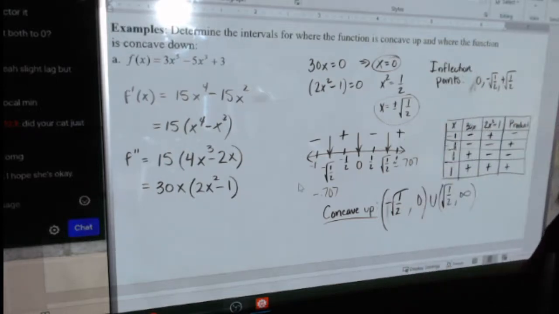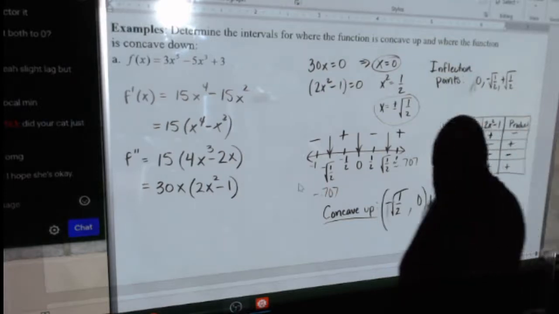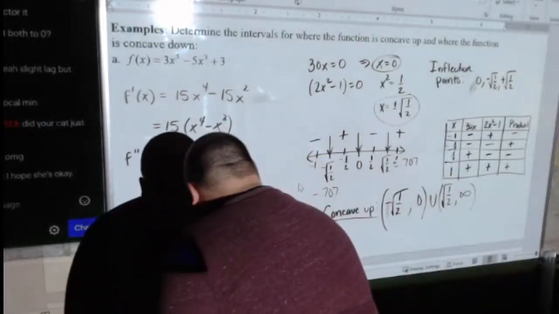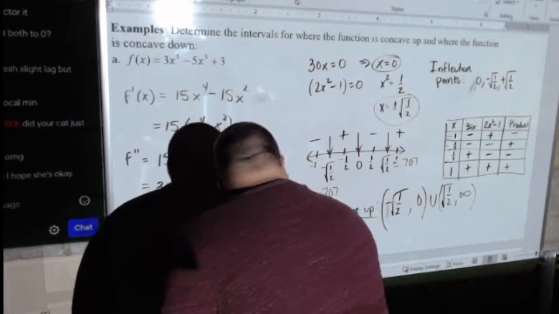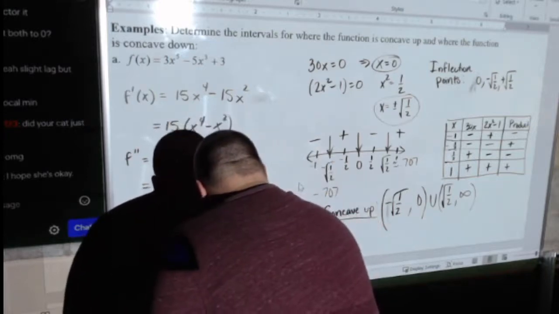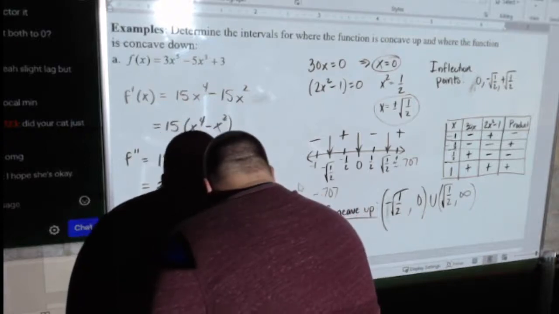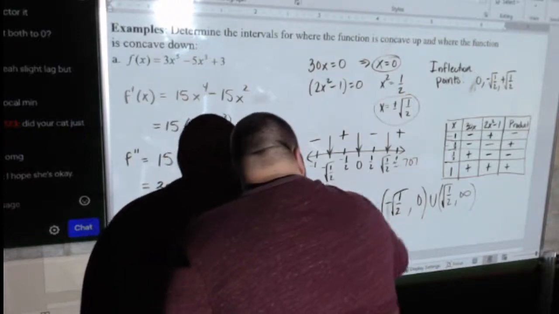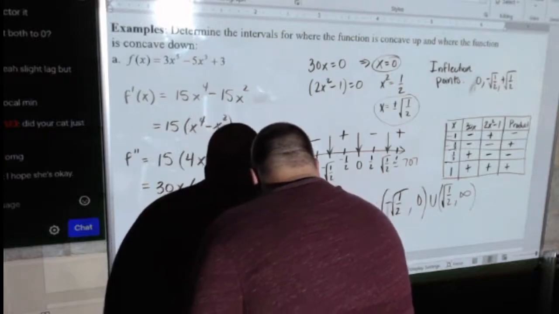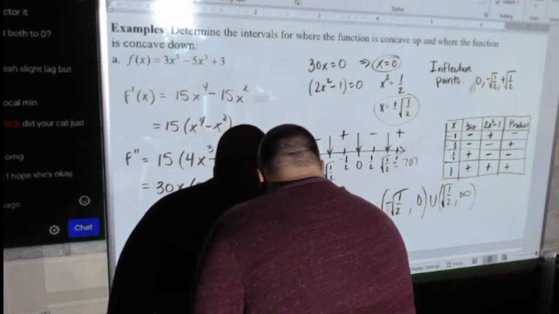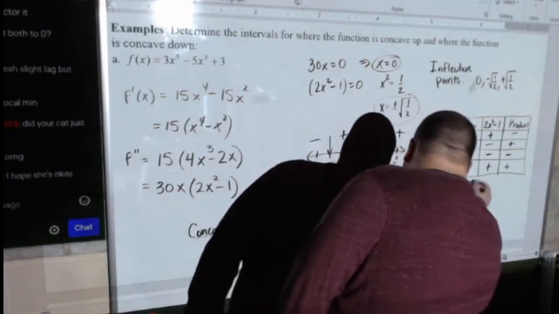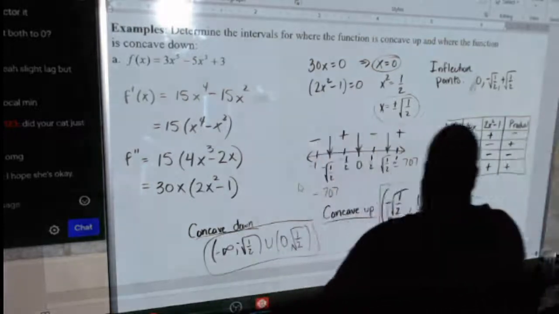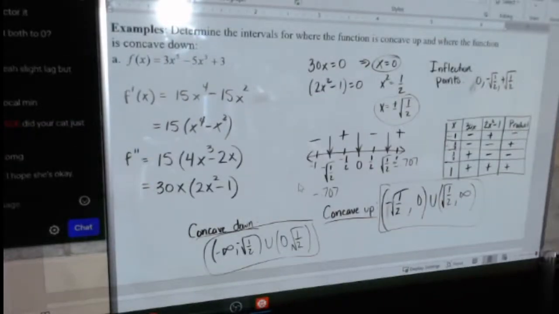There it is. And then concave down is going to be from minus infinity up to the radical, and from 0 to the radical. So same exact process, just have to take the second derivative.